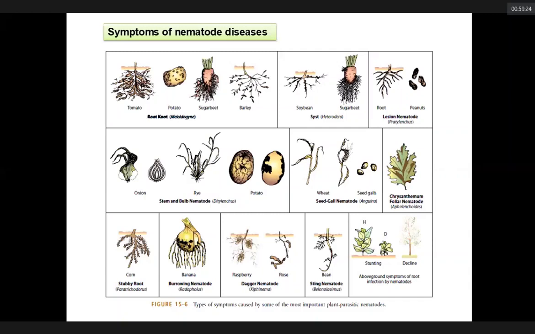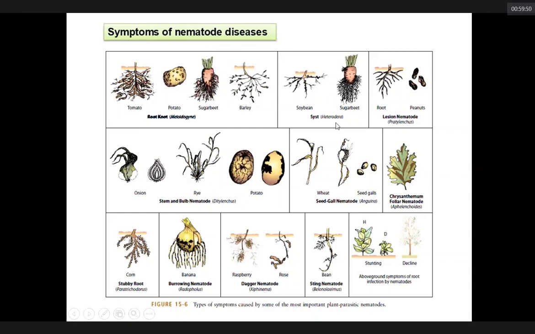After attacking, the nematode will go inside the root, and after entering the root, it selects the vascular vessel, and there will be formation of tumor or knot or gall or swelling in the vascular area. As a result, the root looks like this one. You can see here the swelling of root tissue, root knot.